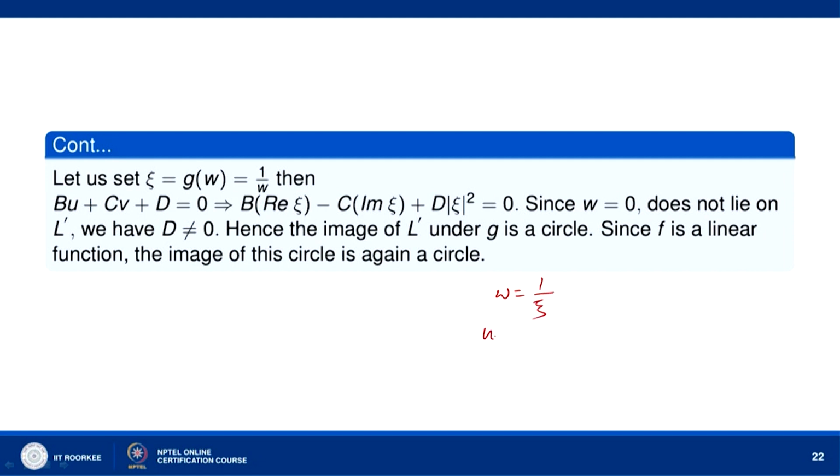Okay. So, u plus I v I can express as xi conjugate divided by mod of xi square. If xi is eta plus I zeta, then it is eta minus I zeta.